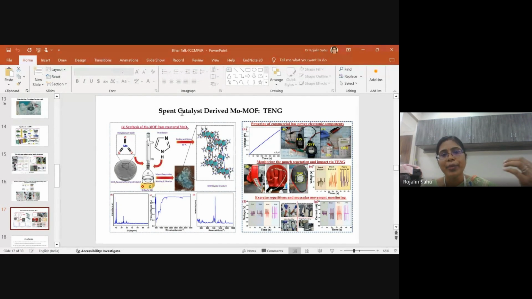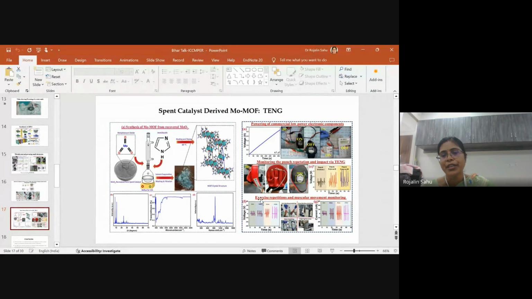So that NiMo catalyst, nickel molybdenum catalyst, we have derived the molybdenum from the spent NiMo catalyst, and we have used it again to synthesize a molybdenum-based MOF, and that has been used to fabricate the device to be used for powering small electronic devices.